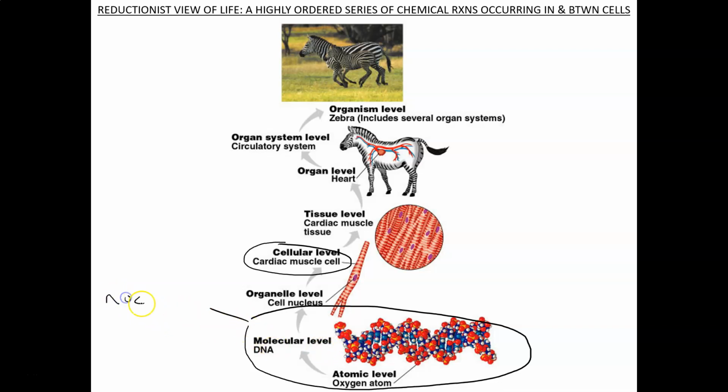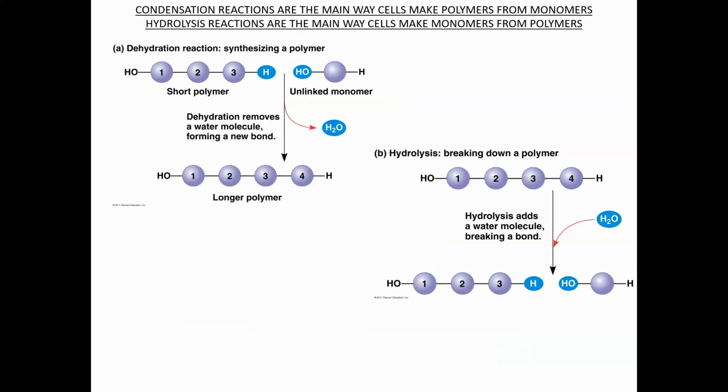And so the DNA is, of course, a nucleic acid. We also then have proteins and carbohydrates and lipids. And so we'll address each of these four macromolecules briefly here in turn.